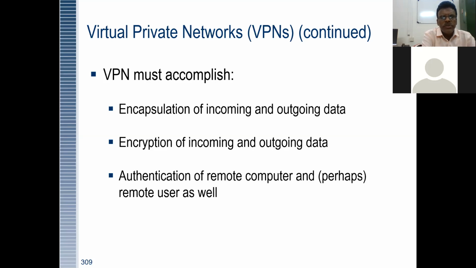It need not be just within the regional space, within the premises, but from anywhere else. If a user is trusted within the organization, then the process of authentication of remote computer as well as remote user level are important aspects of virtual private networks.